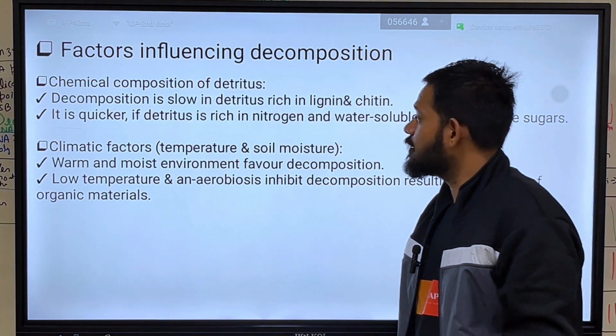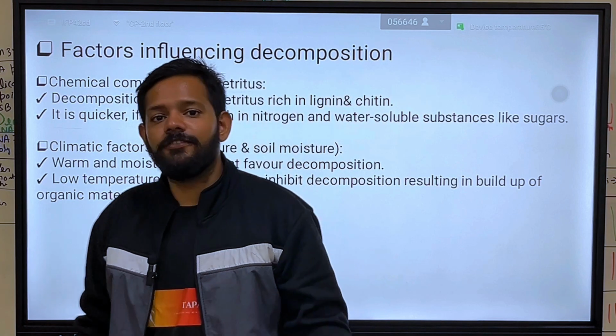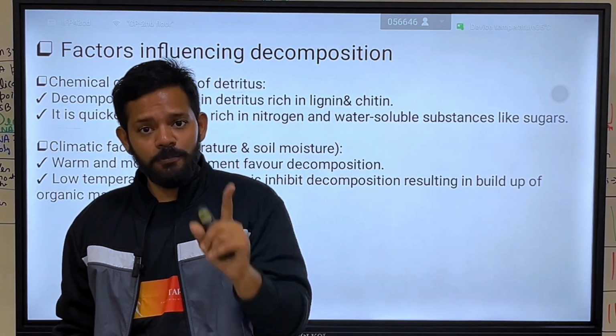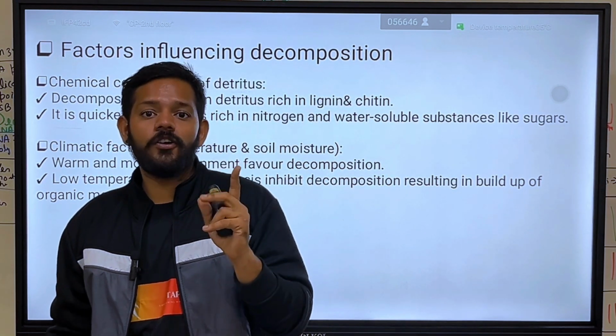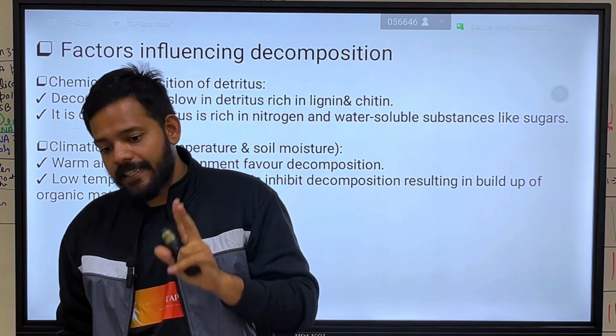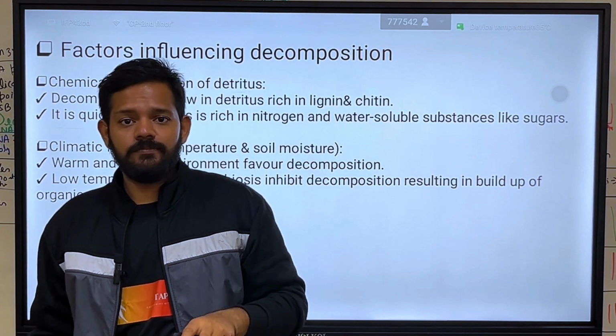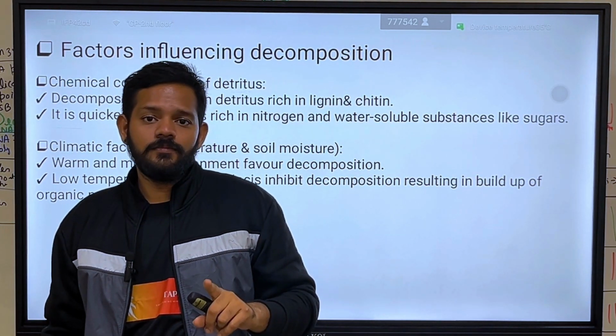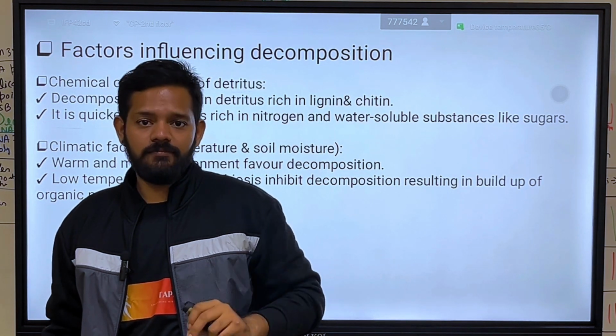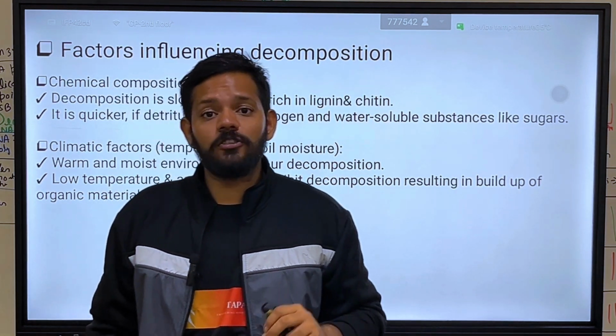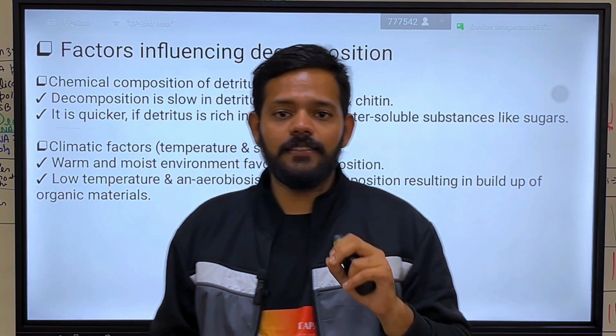The factors which increase the decomposition process: first, the material should be rich in carbon or nitrogen. Second, the outer atmosphere should be humid and hot, then the decomposition process goes very fast and very easily.